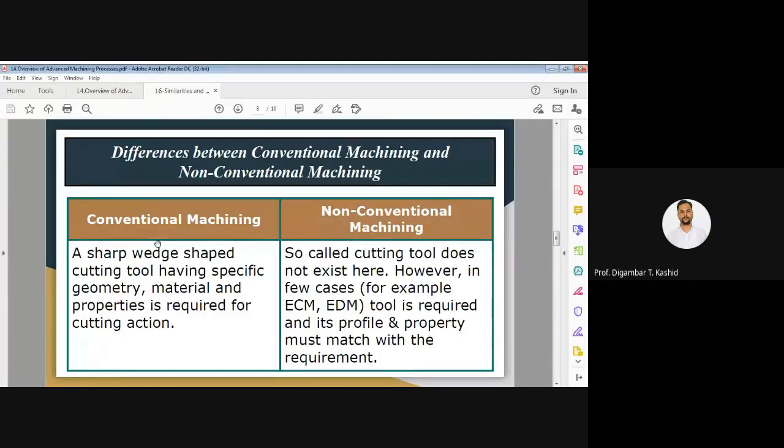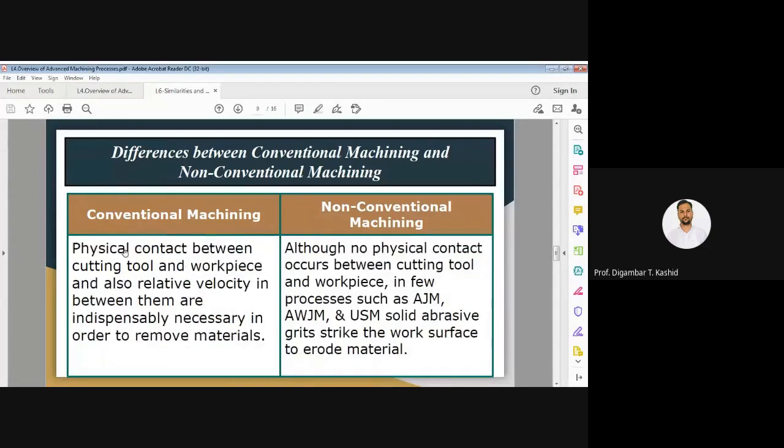That means whatever shape or cavity we want to form on our work, the same replica of that we first have to make on our tool. The same applies in ECM and also ultrasonic machining, because they give mechanical vibration.